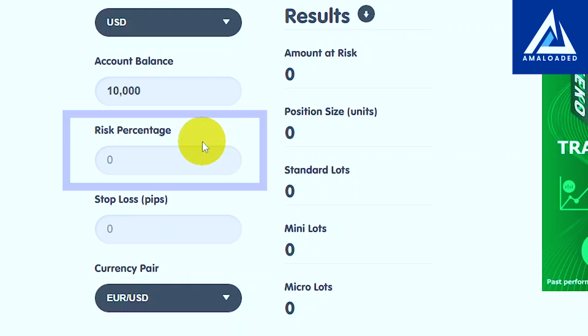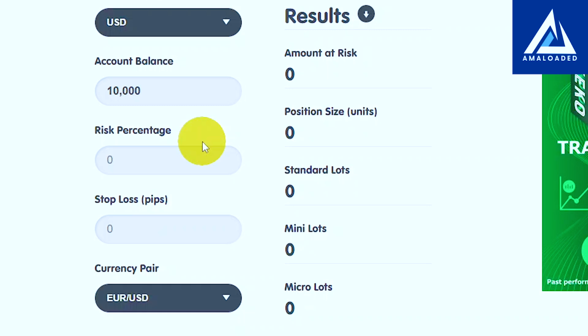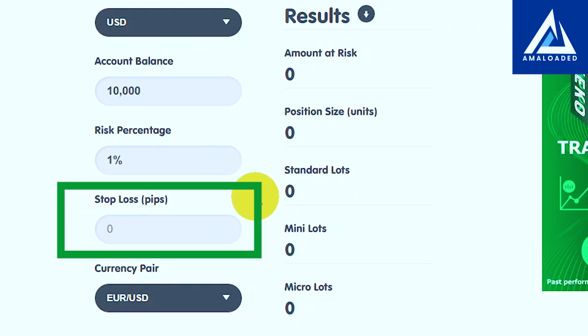The next tab is risk percentage, where you calculate how much percentage you are willing to risk on this $10,000 account. The proper risk management rule is 1% for any beginner trader. You are not supposed to risk above 1% of your capital. Let's input our 1%.